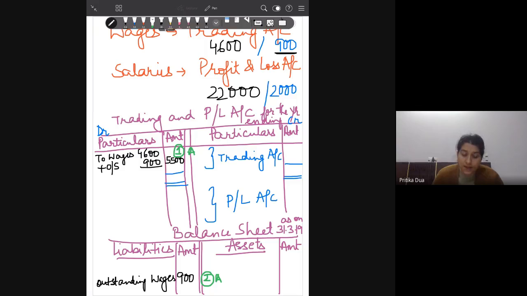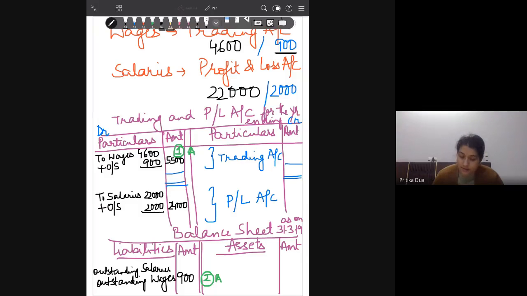Okay, similar treatment is for salaries also. Salaries come in the P&L account. To salaries, amount for the current year which has already been paid is 22,000, plus there is an outstanding amount not yet paid, 2,000. Total amount of salaries for the current year are 24,000, and your outstanding salaries I'll write again at the end in the balance sheet.